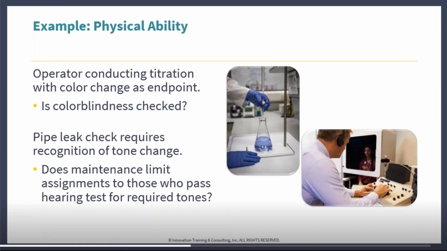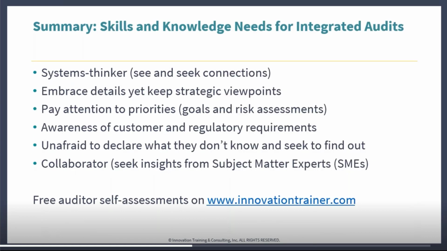So in summary, what do we need to be an integrated auditor? Well, you need to seek and see connections and embrace the details, but keep a strategic viewpoint. You definitely need to pay attention to what the risk assessments are wanting to control, what the goals are. These should be driving behaviors.